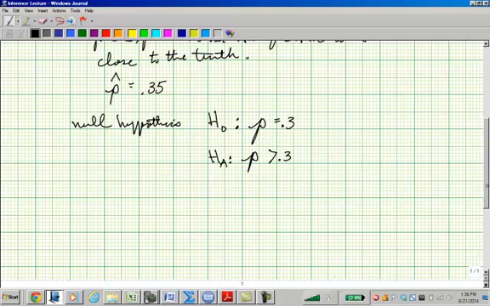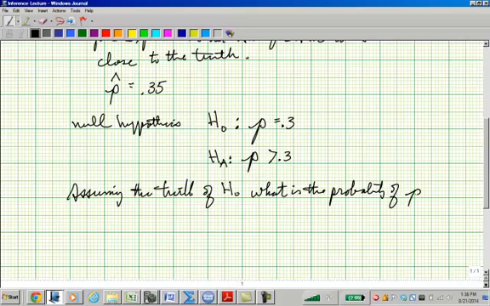Okay. Now, your sample meets all the qualifications of being taken. So now the question is, assuming the truth of H sub 0, that is the null hypothesis, what is the probability of p hat?